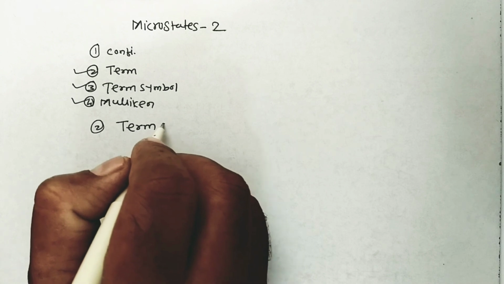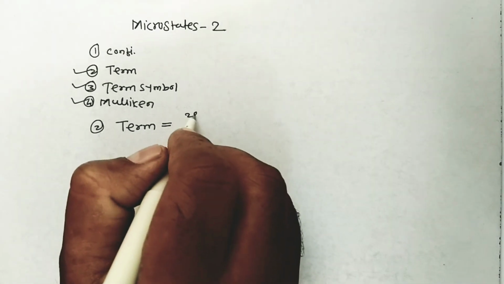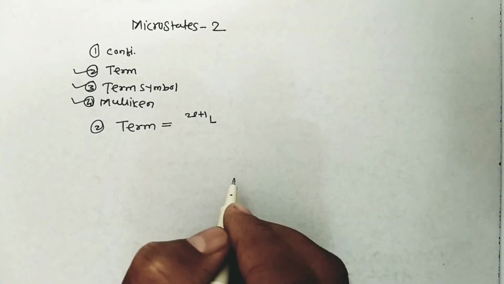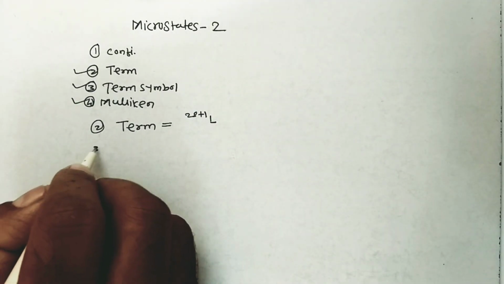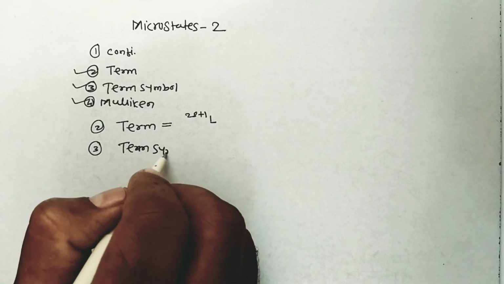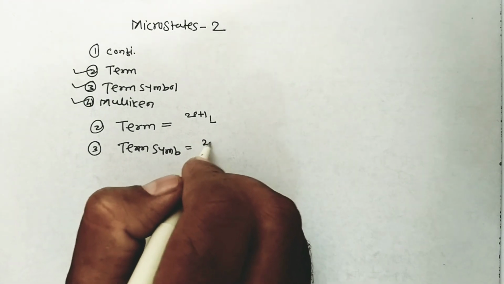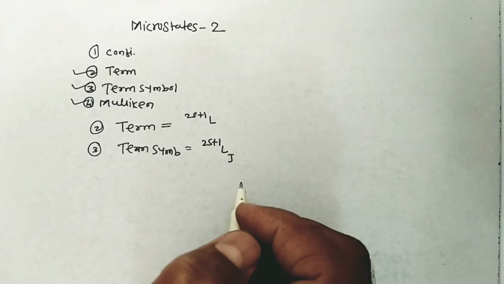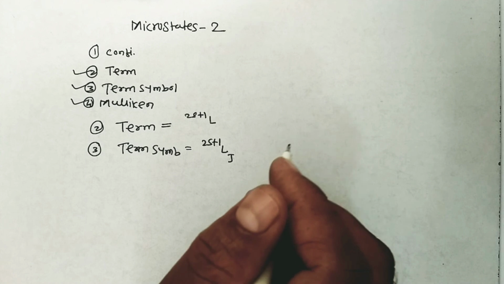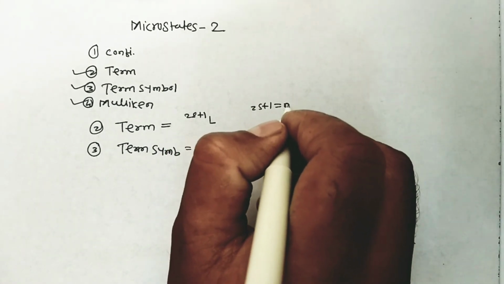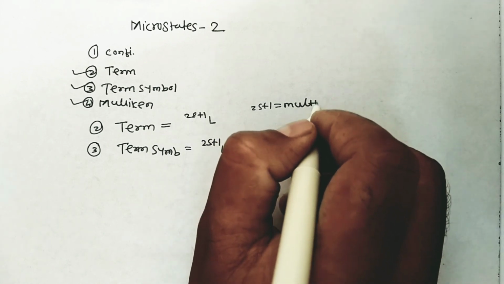Now the chemical term is represented as 2S plus 1 L, and the term symbol is represented as 2S plus 1 L with capital J as a subscript, where 2S plus 1 is the multiplicity, the spin multiplicity.